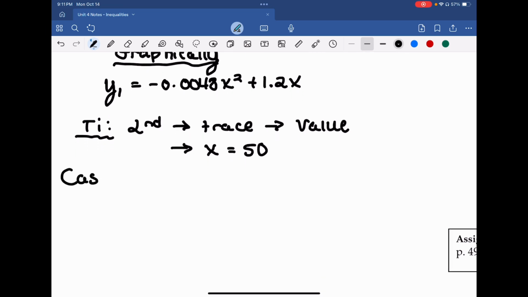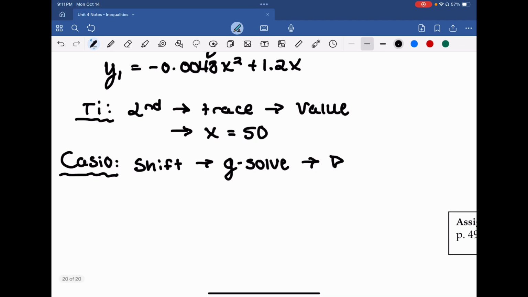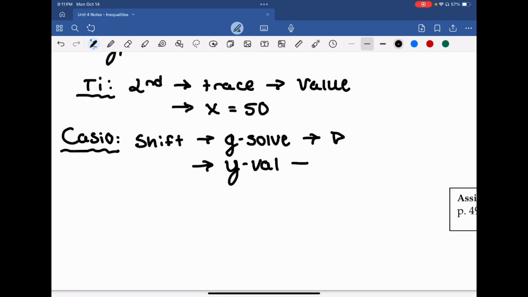For Casios, we're going to go into our shift, gsolve. We're going to then do the arrow key, or the F6, I believe it is, F5 or F6, depending on the version you have. And then we're going to type in yval. When we do yval, it's going to ask you for a specific x.